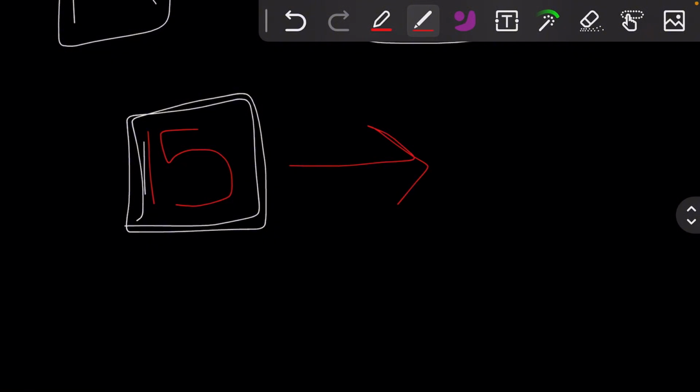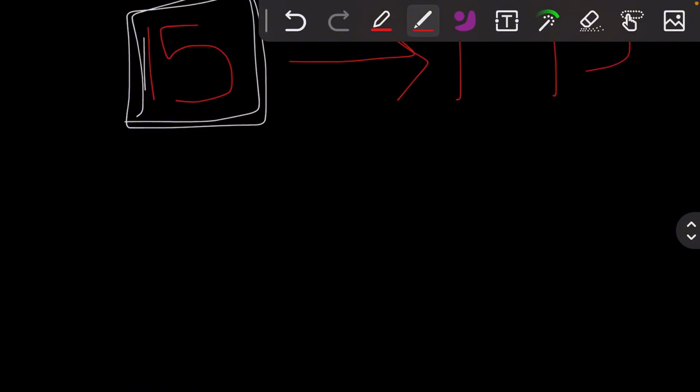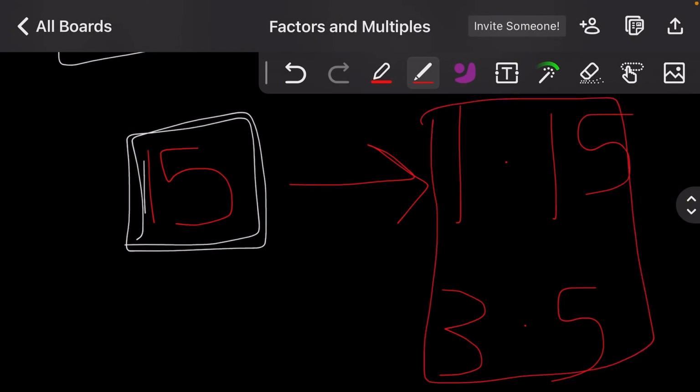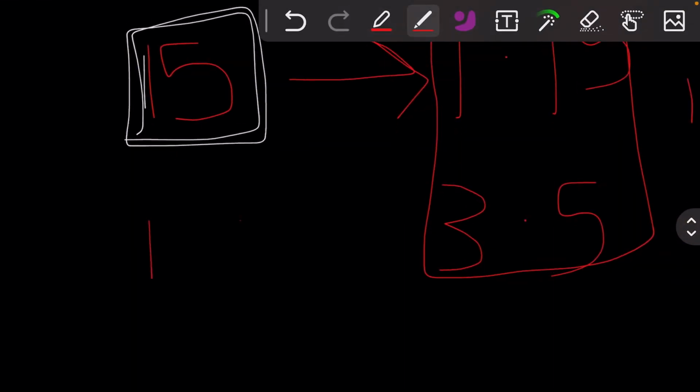So let's say the movie we're dealing with right now is 15. We can have 1 and 15. That'll get us 15. We can have 3 and 5. These are the actors that we can hire to get us 15.